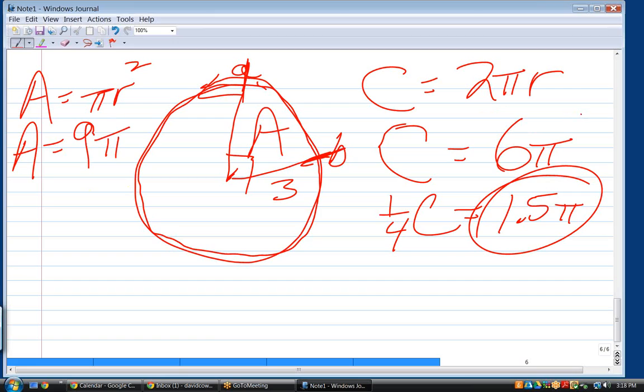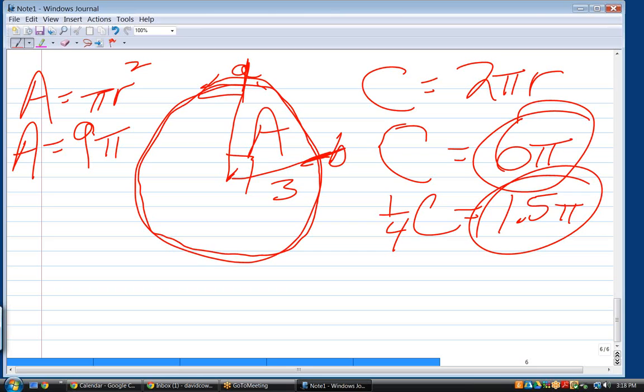In other words, before, when we were calculating circumference, we left it as 6 pi. We want to do the same thing with area. I'm not sure whether they're doing this in your class or not, but in everything higher than this, you're going to leave pi as pi. You're not going to convert it to 3.14.